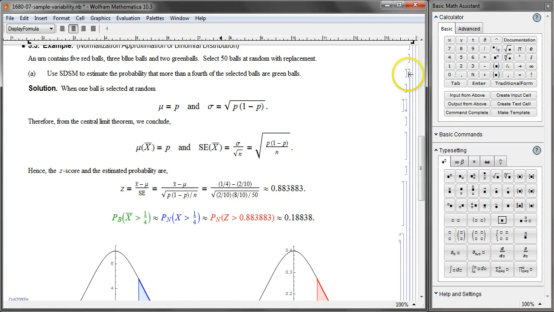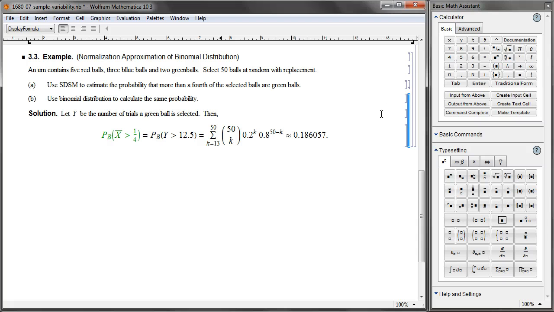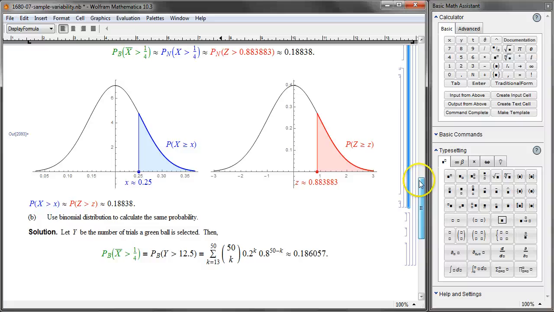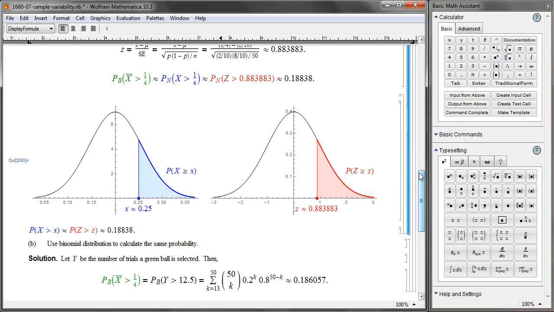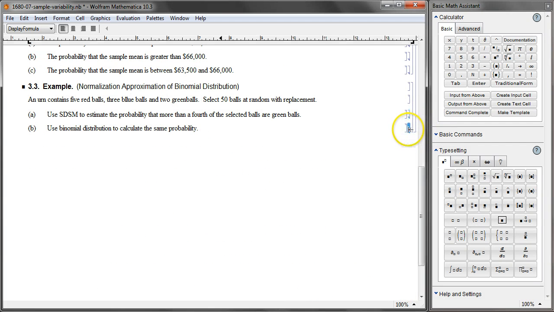By the way, you can find the precise probability using the binomial, and comparing these two values, 0.186 versus 0.1884, close enough for approximation.